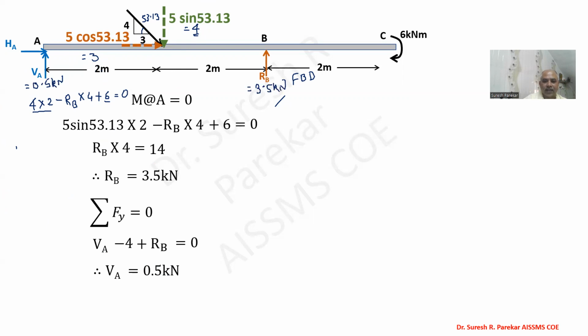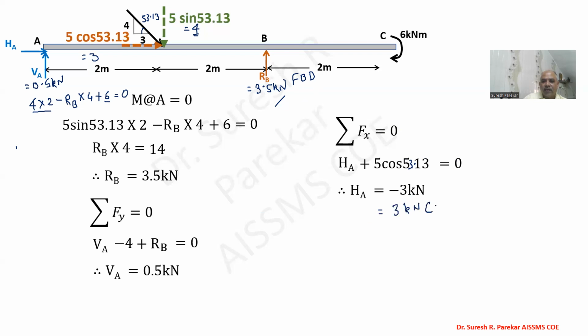Then we will apply summation Fx equal to 0. So we have Ha plus 5 cos 53.13, and that is equal to 0. And from this we will get Ha equal to minus 3. So that shows we have Ha will be 3 kilonewton, which will be towards left.